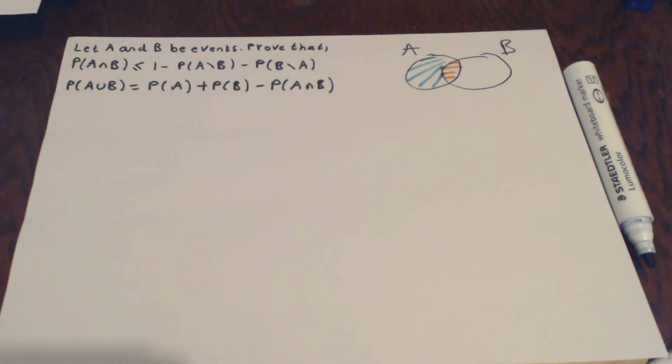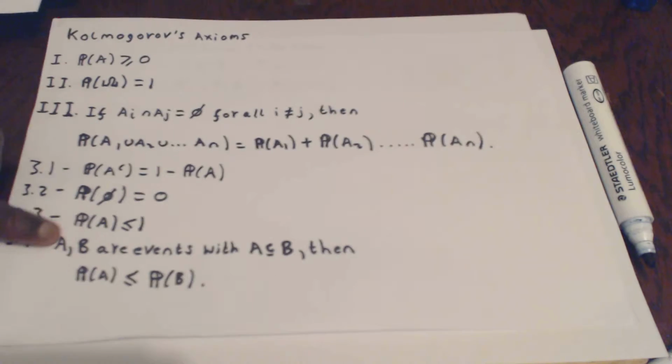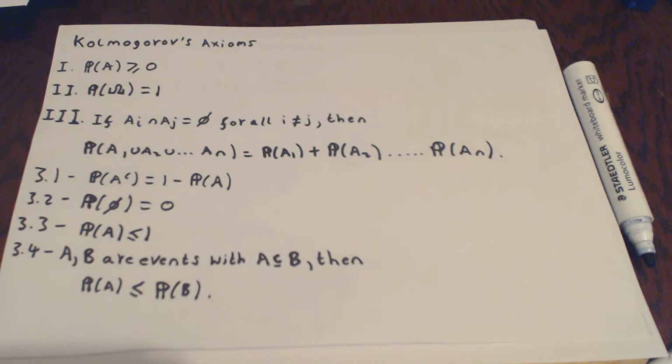That means, by Kolmogorov's axiom 3, that if A_i intersection A_j is equal to the empty set, in this case A_i is A set difference B and A_j is A intersection B, which is equal to the empty set, then the probability of the union, which I said was A, is just the probability of them two added up separately.